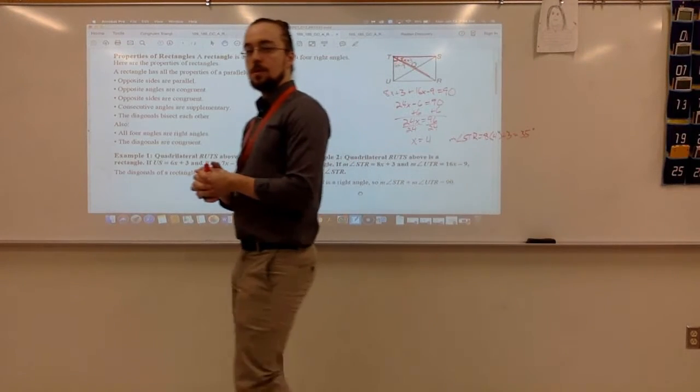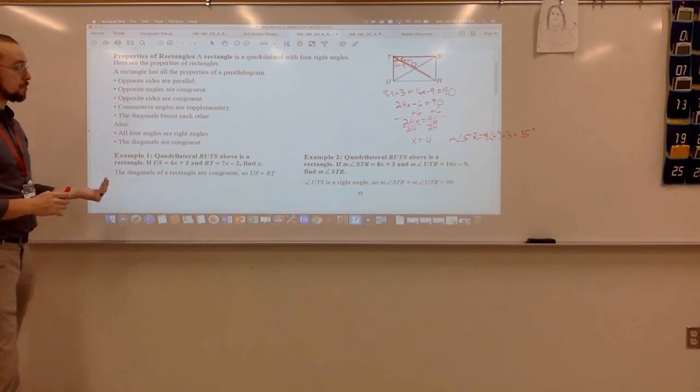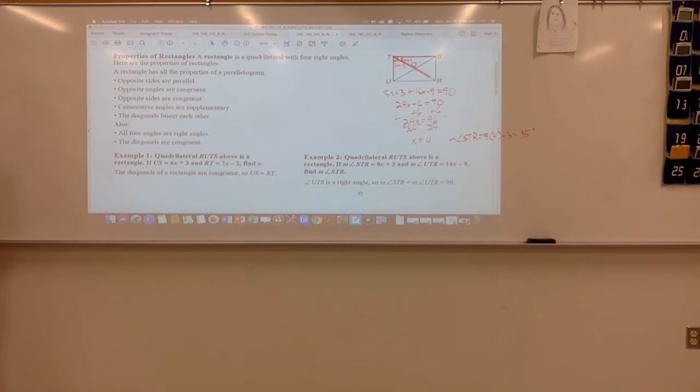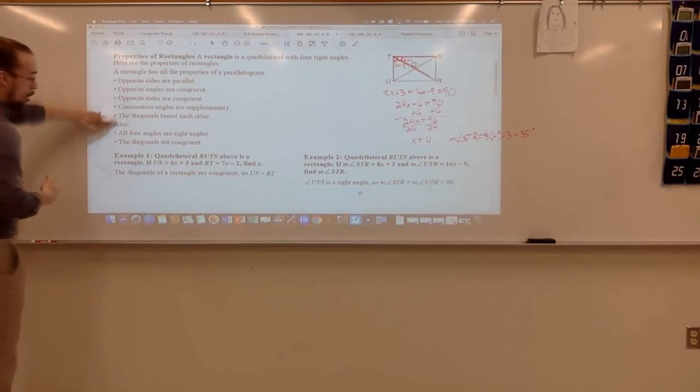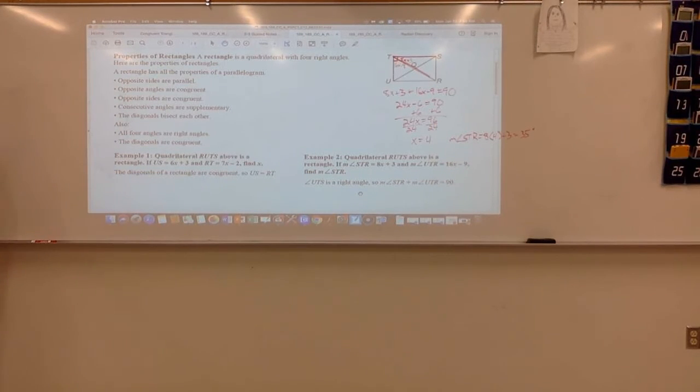Questions? Okay, so both of these examples, we used the two new properties of a rectangle. In the problems that we're going to look at here down below, we're going to give you guys some time to practice. All of these properties may be used.